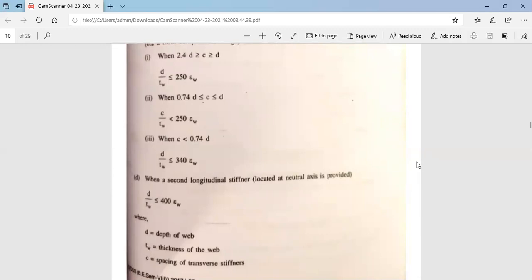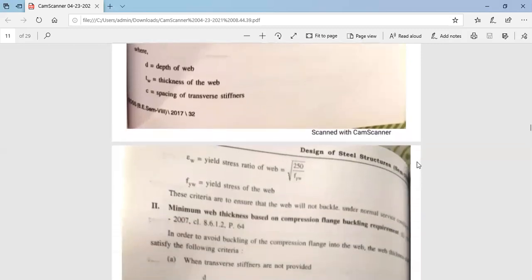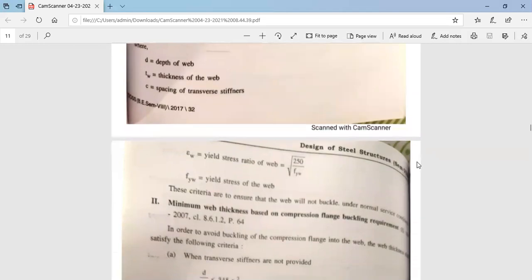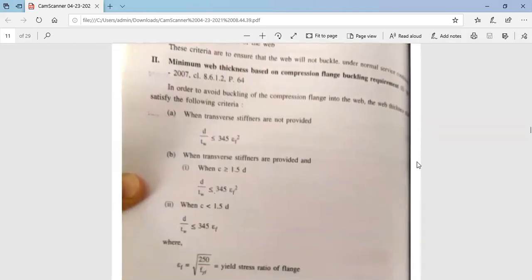And last, with a second longitudinal stiffener, D by TW is less than or equal to 400E. Here D is equal to depth of web, TW is equal to thickness of web, C is equal to spacing of transverse stiffeners.